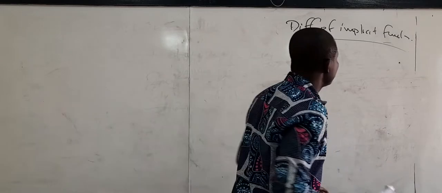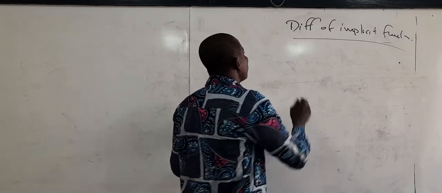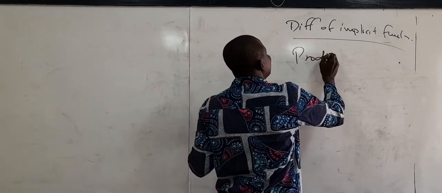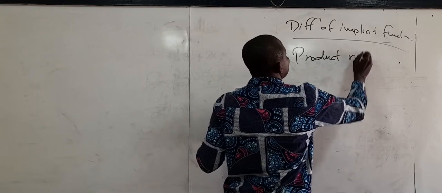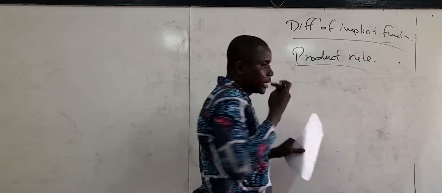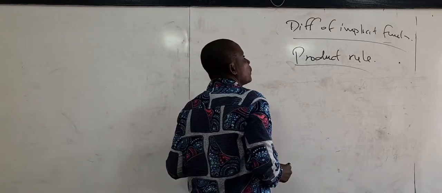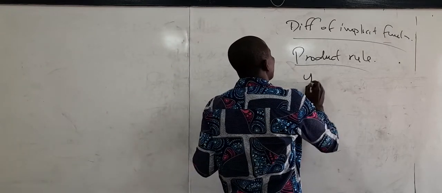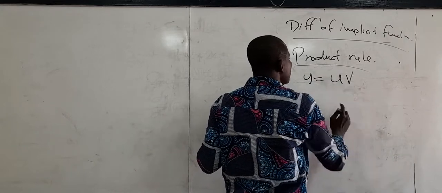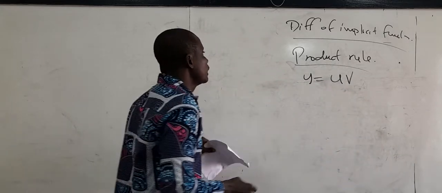So now let's go. We are moving to what you call the product rule in differentiation. Okay. The product, what? If I have y is equal to uv, we shall use a typical example, don't worry.